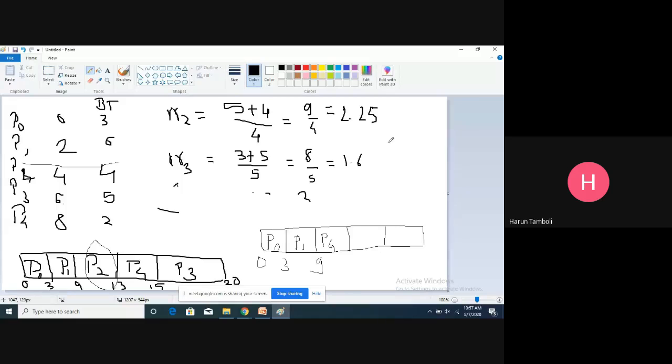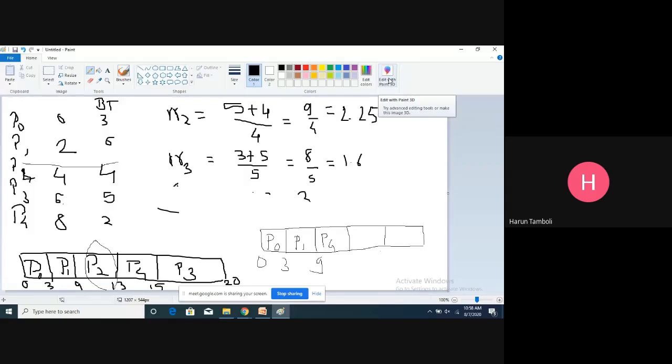So at the end of 3 seconds, only P1 is available. So again, we don't have any choice. So P1 will start execution. So at the end of 9, where P1 finishes, then we have three processes, P2, P3 and P4. Now, since we have the three processes, we can apply the formula.